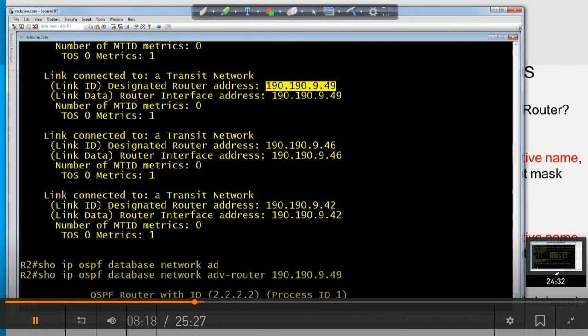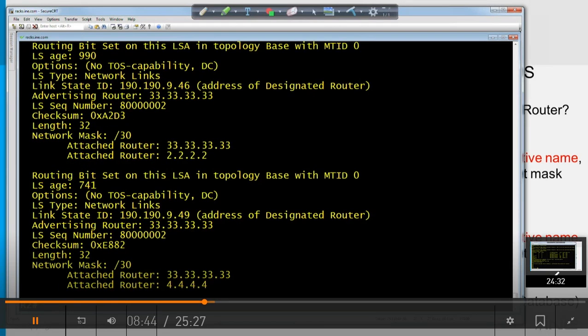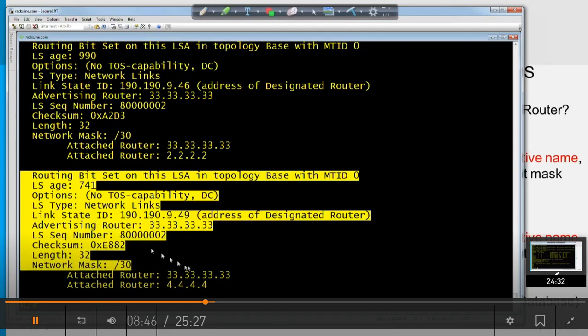Uh-oh. Where's that? Oh, that's because I need to put in his router ID, not his IP address. That's the router ID of switch 3. There we go. So here, where's the one that we're looking for? Right here. This is the one.